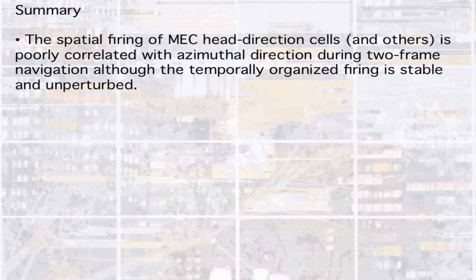And in many ways, as I'll wrap this up now, to summarize: the spatial firing of what I hope to have shown you, at least of medial entorhinal cortical directional cells and other MEC cells that we've looked at, seems poorly correlated with the azimuth and, in fact, with space during these rotating conditions, right?